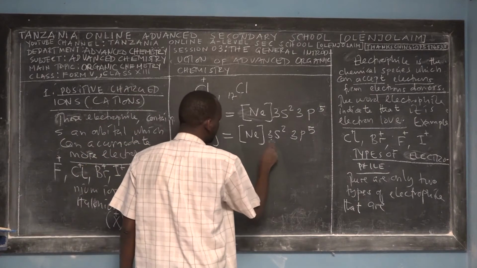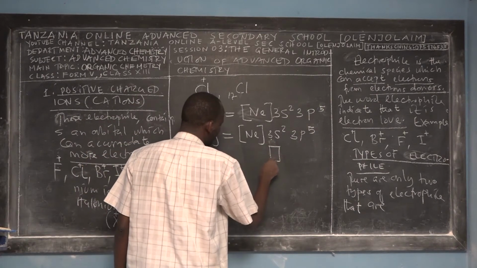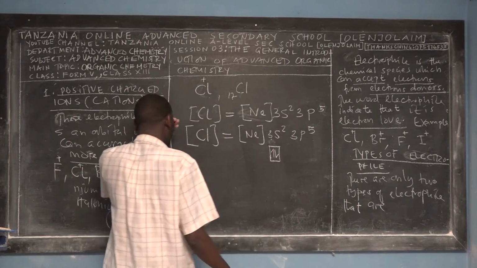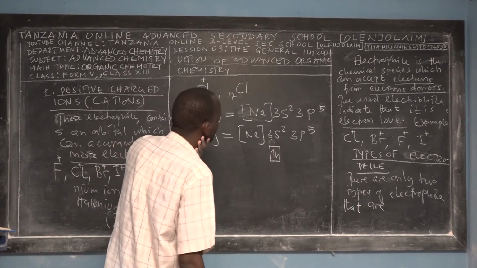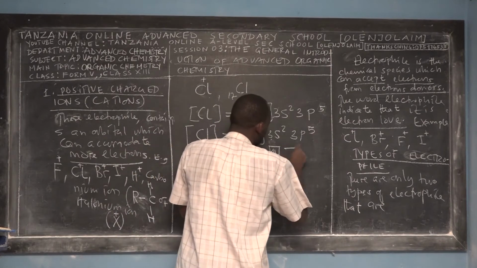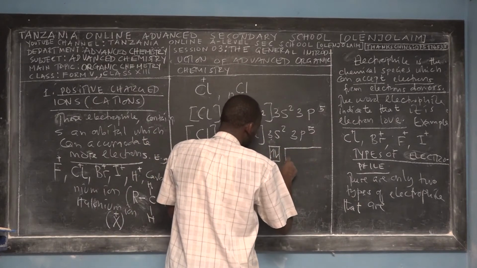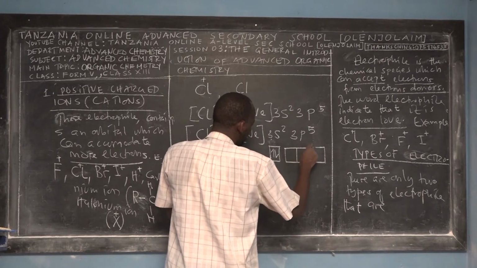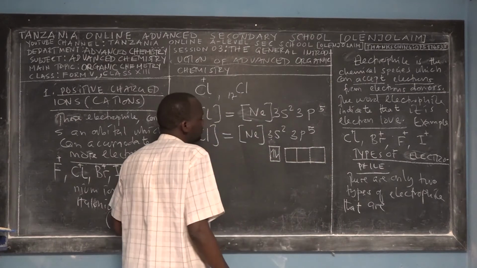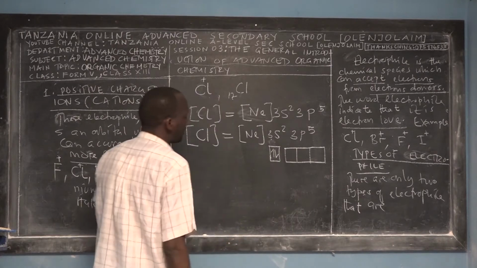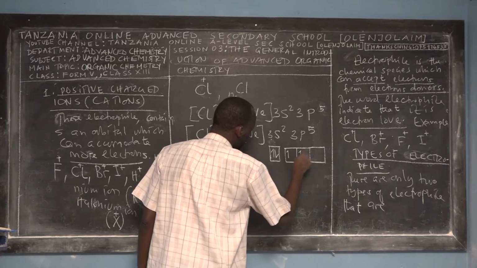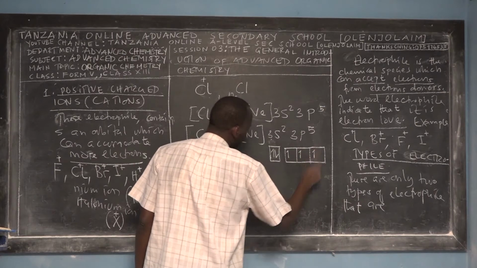So you say that for this one, this orbital is paired. Then we have 5 electrons: first electron, second electron, third electron.